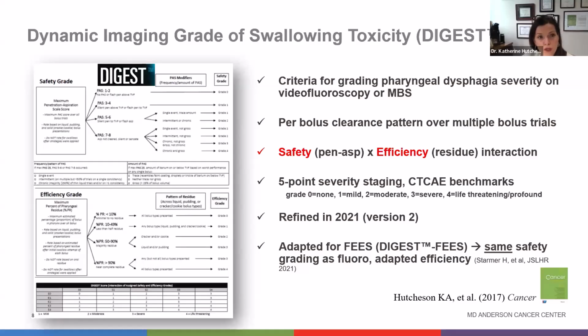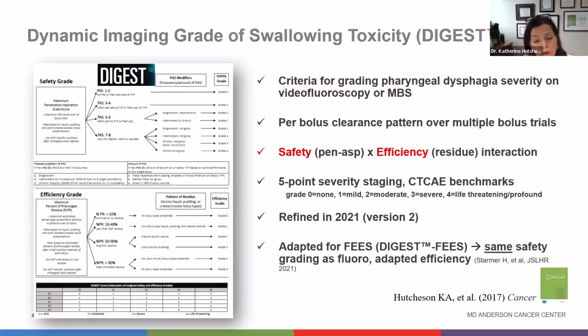The original tool was developed in 2016. We refined the grading in 2021, which was just a small change in the loop in the decision tree for grading swallowing severity, swallowing safety impairment. And then the final sort of overview step was to adapt Digest in 2021 for FEES.